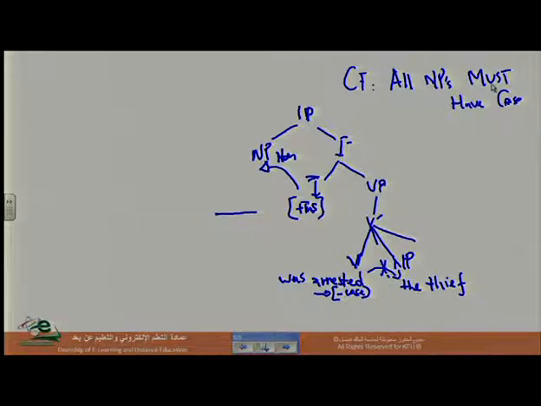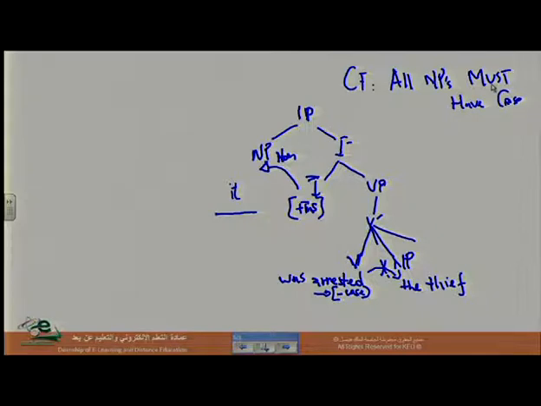In fact, even if we put a dummy subject here, it was arrested the thief, it doesn't work. He was arrested the thief, it's not English either. In other words, even if you fill this position with any kind of subject, this NP here will need its own case, and it can't receive it from the verb. So it has to look for it.